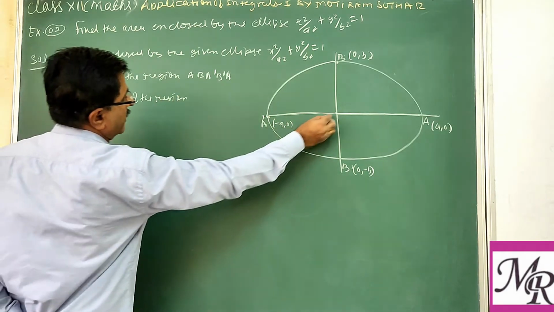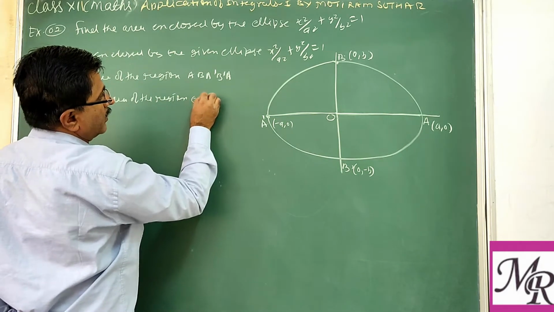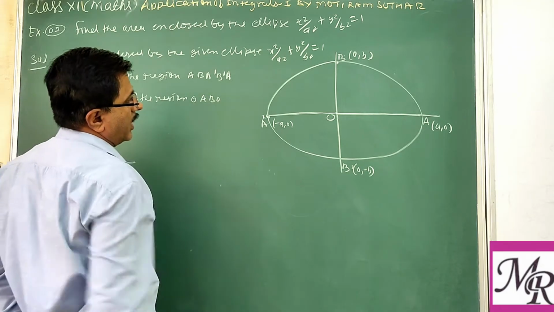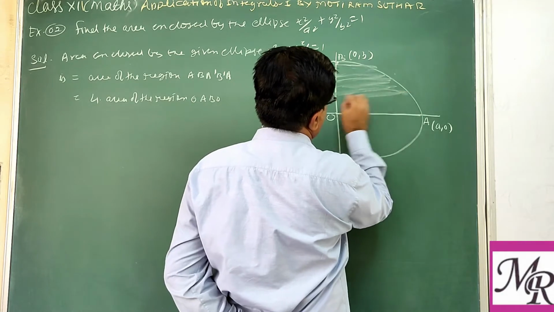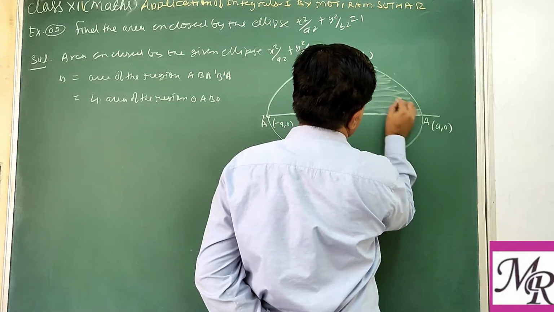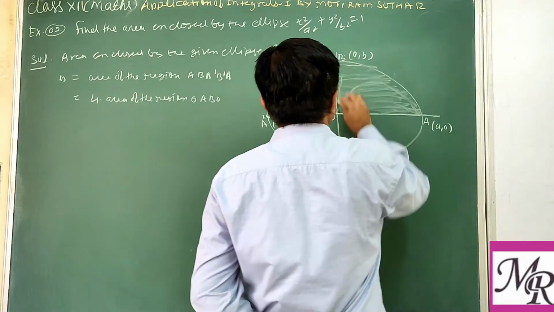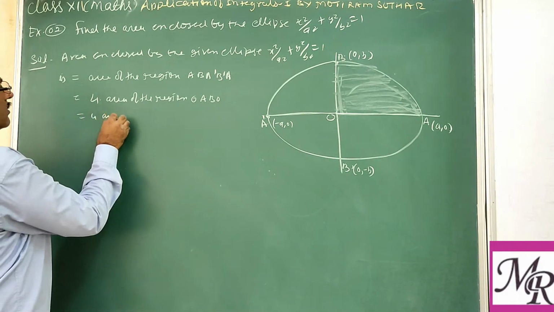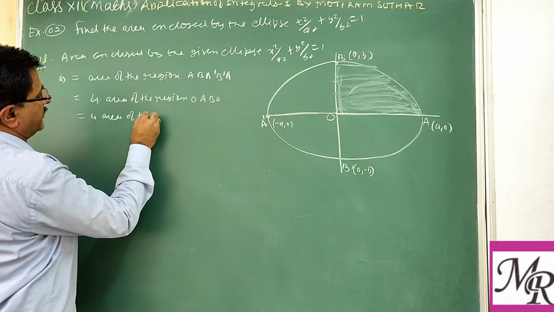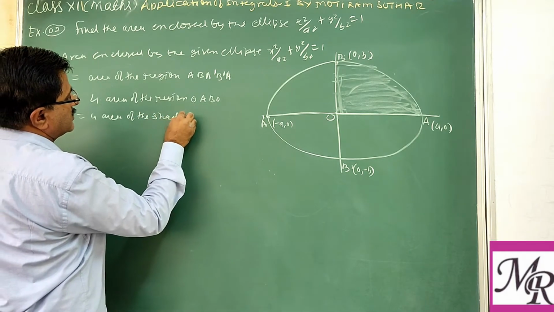We take one region, that is O, A, B, O, and you mark this as a shaded portion. Or you may write 4 into the area of the shaded region.